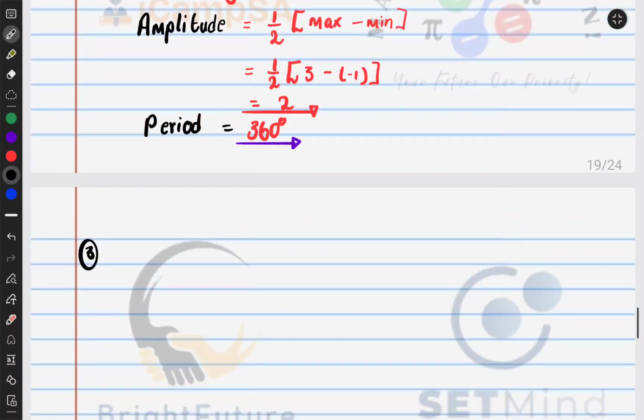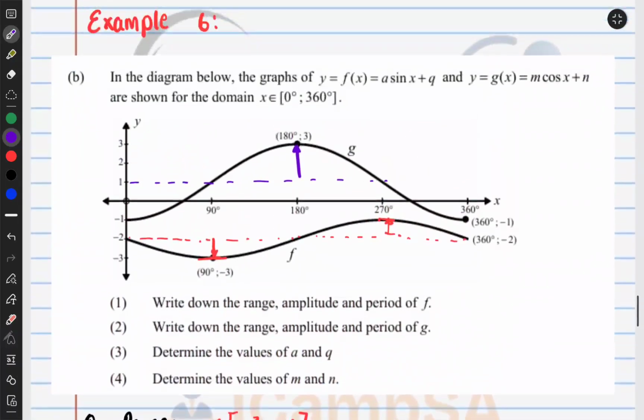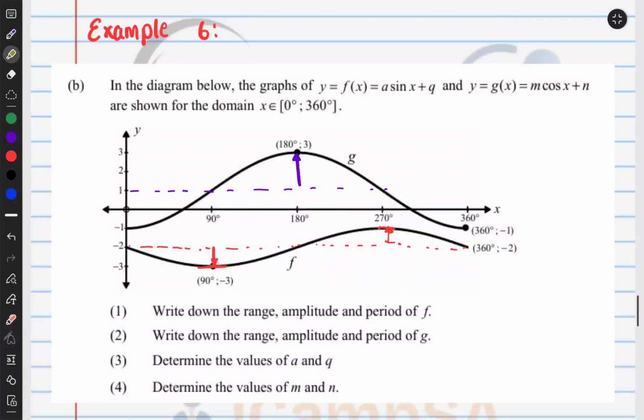For the sine function, we know that y is equal to a sine x plus q. And then what are the coordinates we have to use to solve for a and q? We're just going to use this method for now.